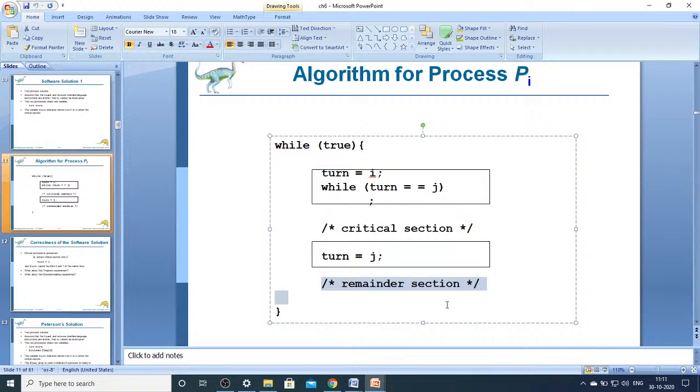The first and foremost limitation you can mention is that this particular solution is restricted to only two processes, and the second limitation is that since it's a software-based solution, it can be delicate. So these are the two key limitations that you can specify after explaining the solution.